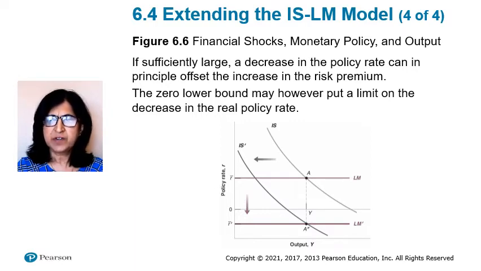Indeed, a sufficient decrease in the policy rate, as drawn in figure 6.6, can in principle be enough to take the economy to point A double prime and keep output at its initial level. If sufficiently large, a decrease in the policy rate can in principle offset the effect of an increase in the risk premium. The zero lower bound may, however, put a limit on the decrease in the real policy rate.